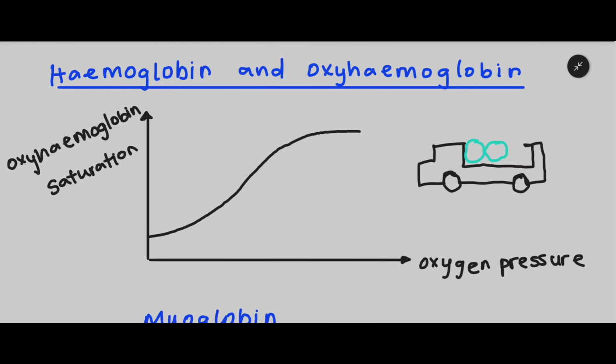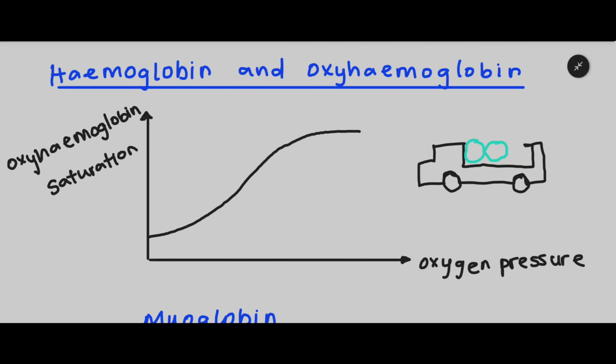So what happens normally when you are not exercising is that oxyhemoglobin saturation at a given oxygen pressure is quite low. And basically this truck, this hemoglobin molecule, which is all over your bloodstream, carries oxygen all the way from the lungs all the way to the working muscles.